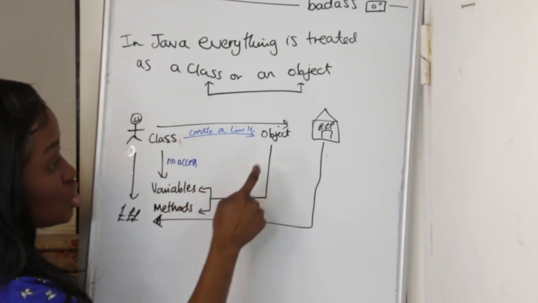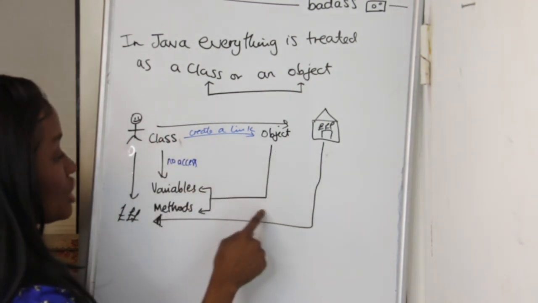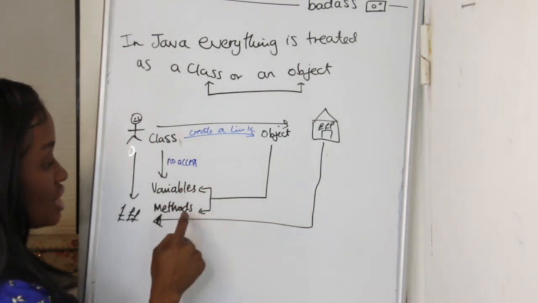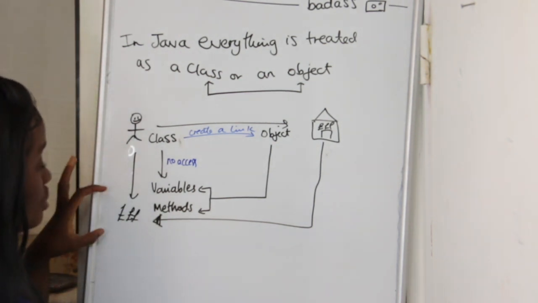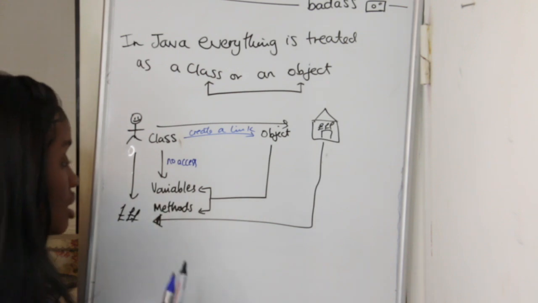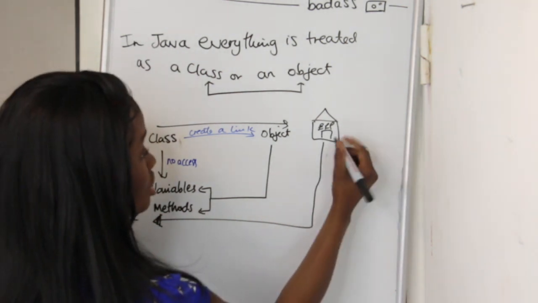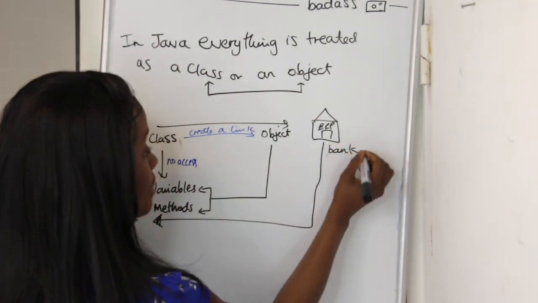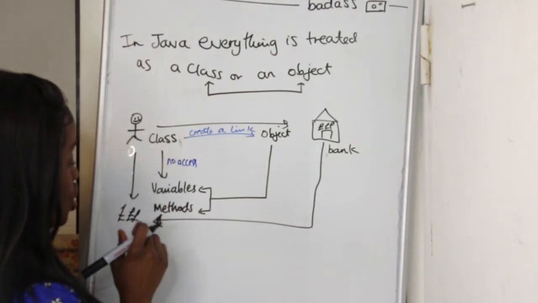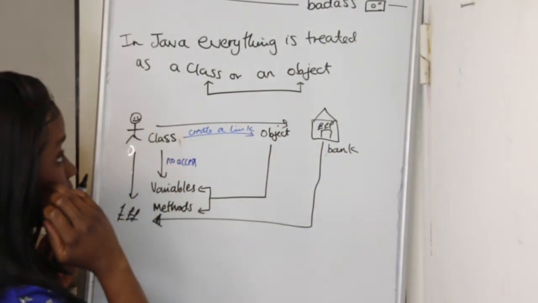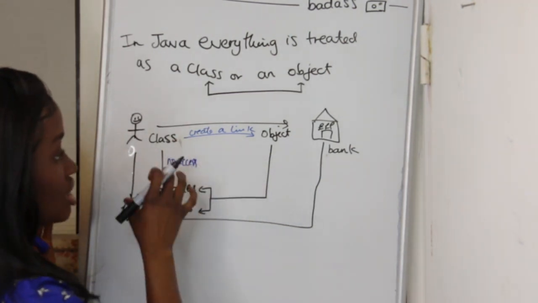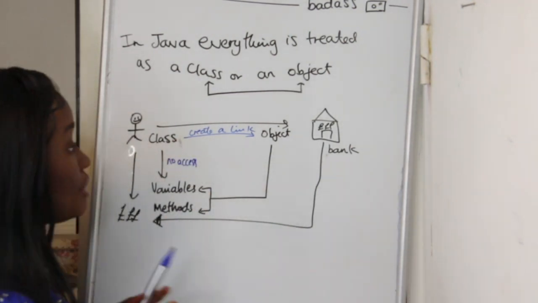The class needs to go through the object, and the object will give it access to the variables and the methods. Once again, it's like you're the class, you have no access to your money, you have to go to a bank, and the bank will give you access to your money. So I'm going to just draw this up here and make some more space for how this class and object links to collecting input from a user.